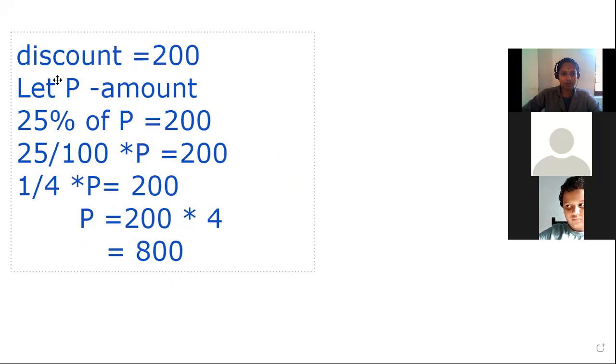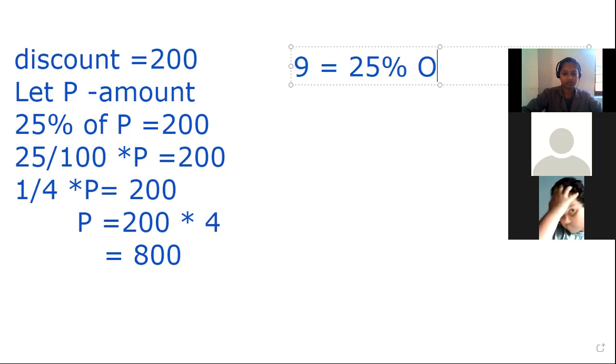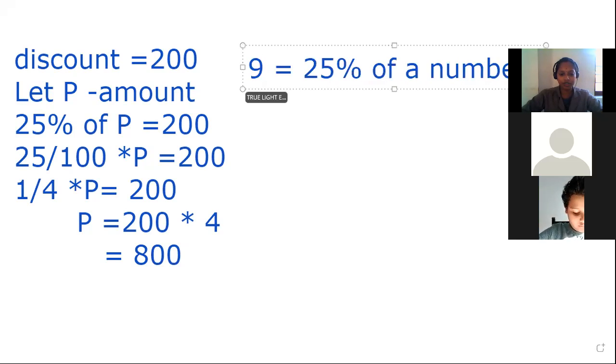Here are some more examples in the same manner. That is, 9 is 25% of what number? 9 is equal to 25% of one unknown number, and we just have to find the number. How will you find the number? 9 is the 25% of the number.